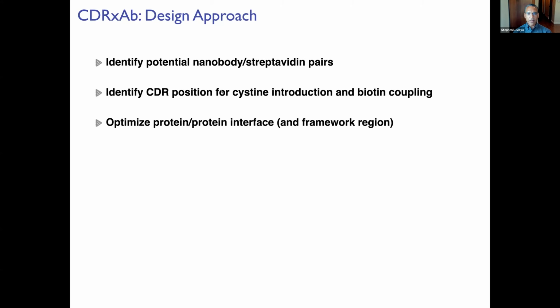And of course, that coupling will require that the geometry be appropriate so that the small molecule biotin can actually still bind to the target streptavidin in a manner that doesn't disrupt the interaction of the nanobody also binding to the streptavidin target. And then, of course, it'll likely be necessary to optimize that protein-protein interface and possibly also optimizations in the framework region of the antibody.